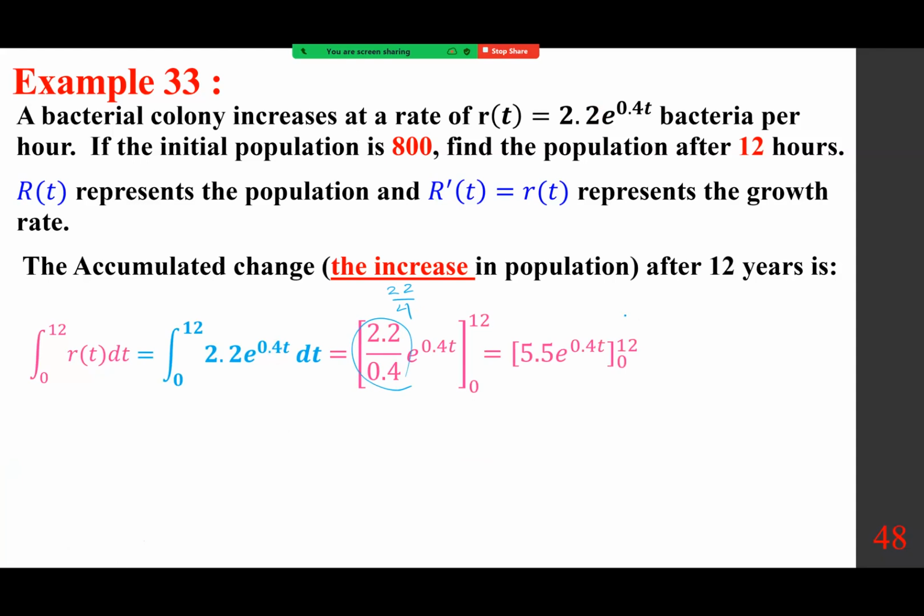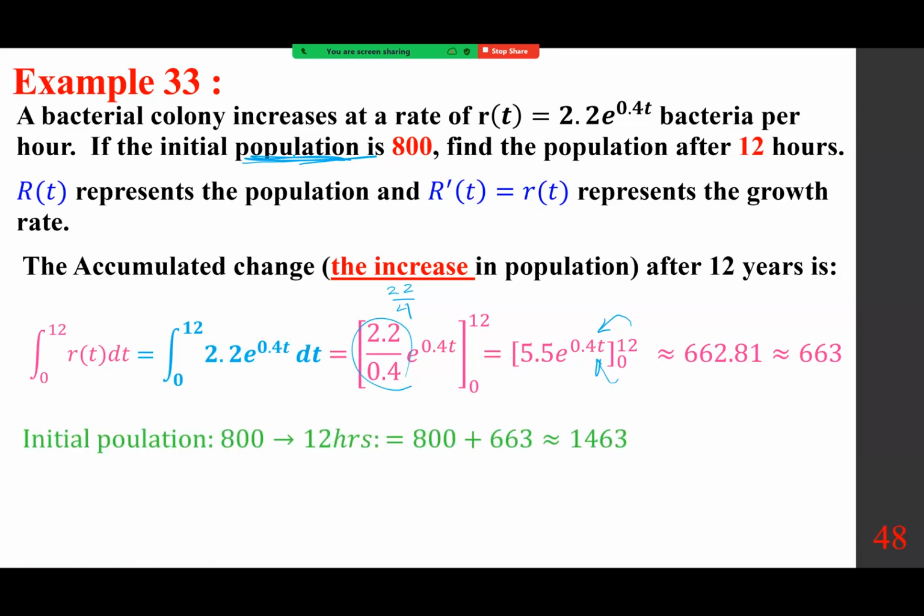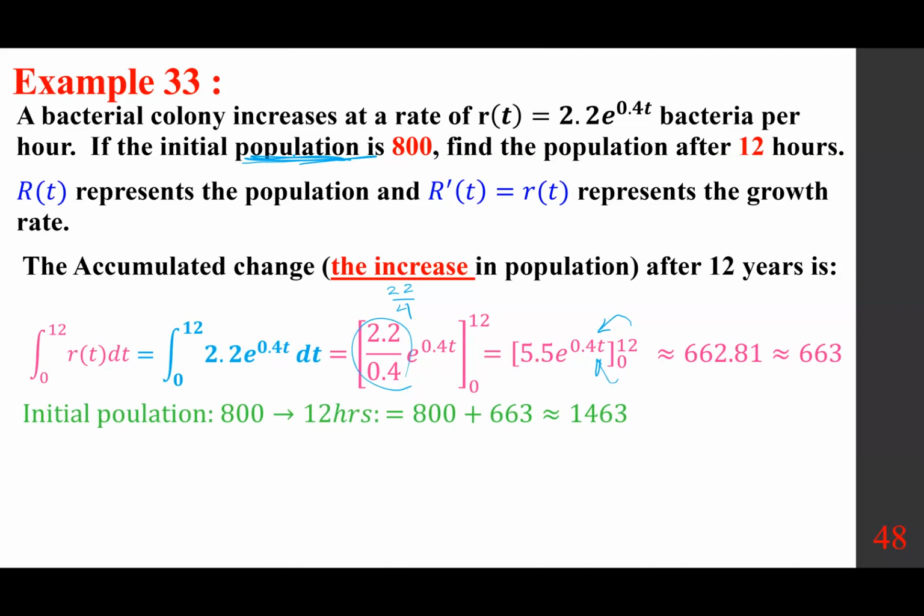We are going to plug in 12, come up with the answer, plug in 0, come up with the answer, and this is the answer with a whole number, because we are looking at the population, everybody. That's why we have a whole number, okay? Now, what was the initial population? 800. Let's add to it. That's the final answer.